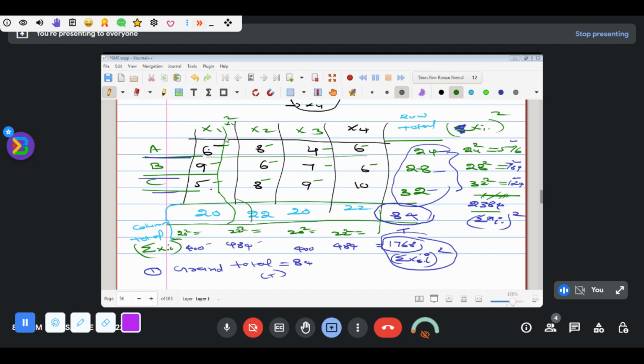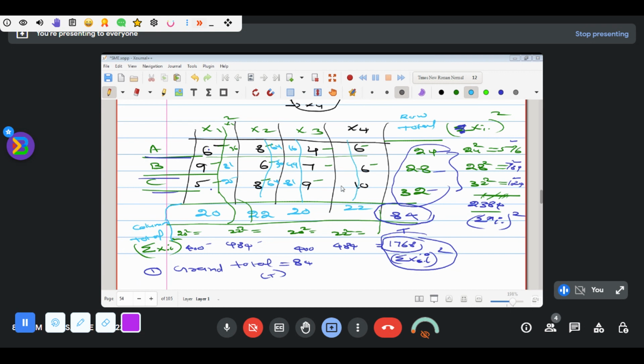What is the 6 squared value? 36. 9 squared value is 81. 5 squared value is 25. Here also 8 squared value is 64. 6 squared value is 36. 8 squared value is 64. Here also x3 squared values: 16, 49, 81.